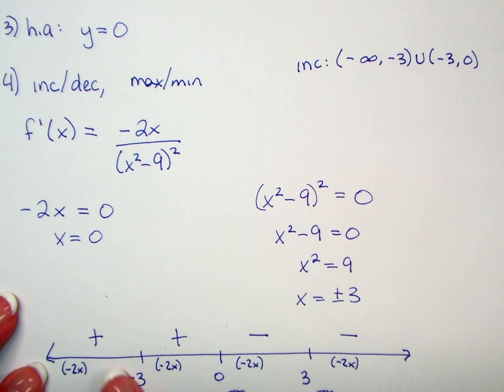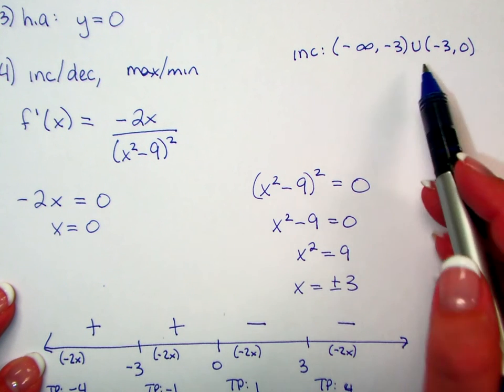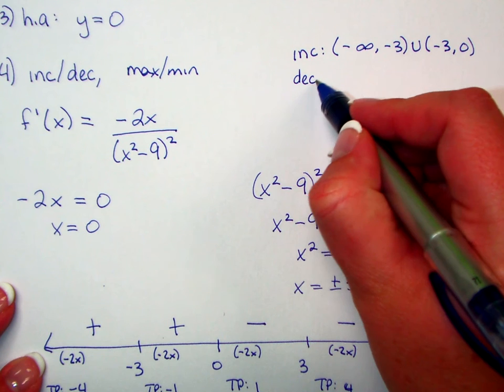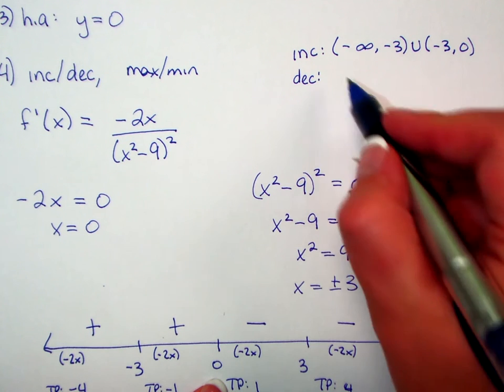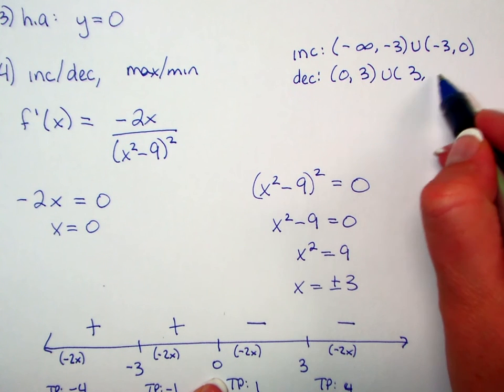And even though these intervals are side by side, you don't want to include -3 because remember -3 happens to be an asymptote, right? So there is going to be a break in the graph. So we want to make sure we're showing that in our increasing-decreasing intervals. All right, so it's decreasing on the other 2, 0 to 3, and 3 to infinity.